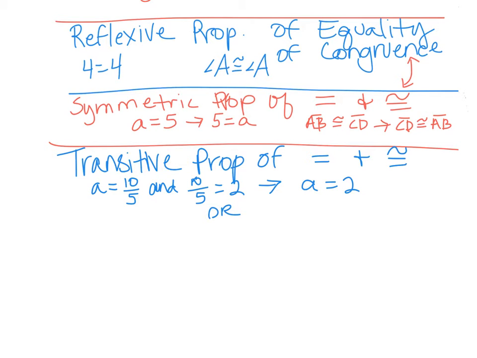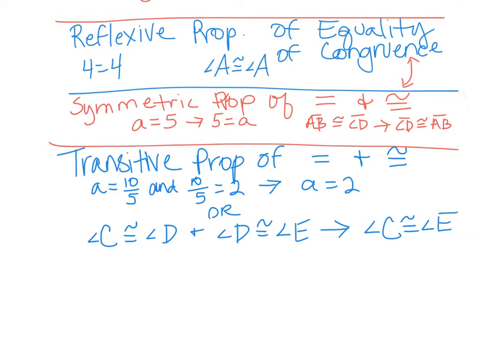Or we could say if angle C is congruent to angle D and angle D is congruent to angle E, then angle C is congruent to angle E. So notice that this middle part right here, these are the same. It's like the connector on a train. So that's why I think of transitive and I think of train.